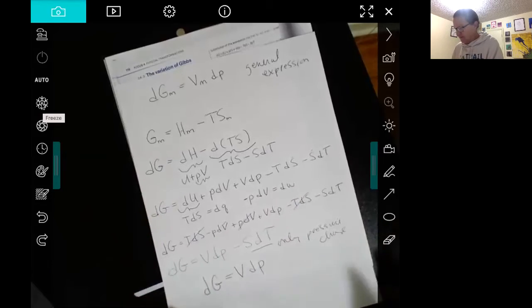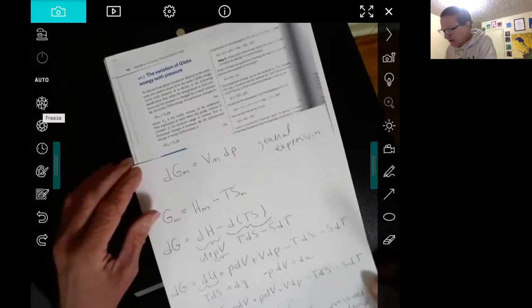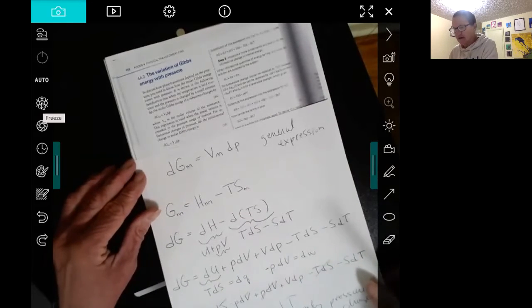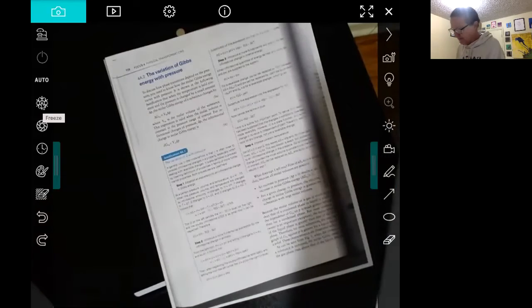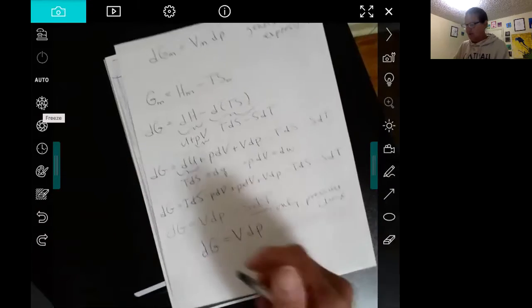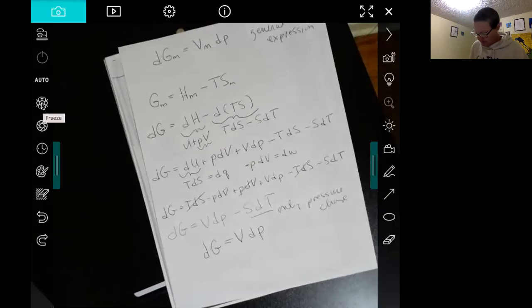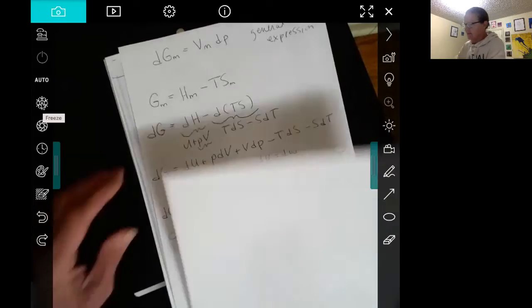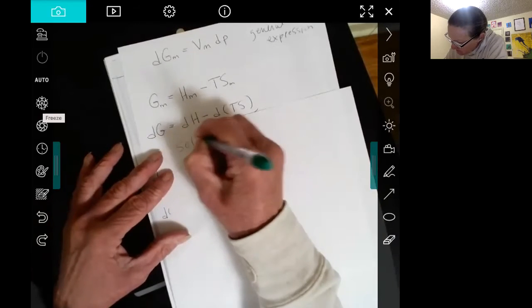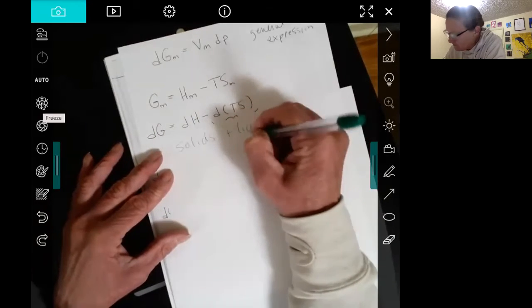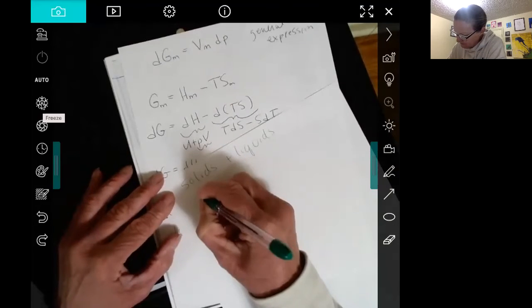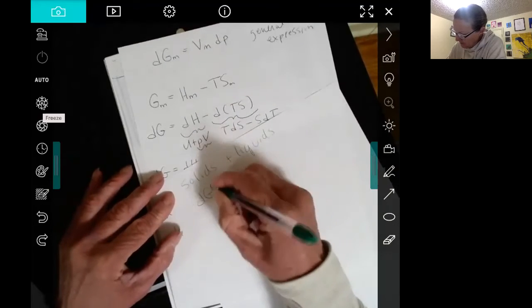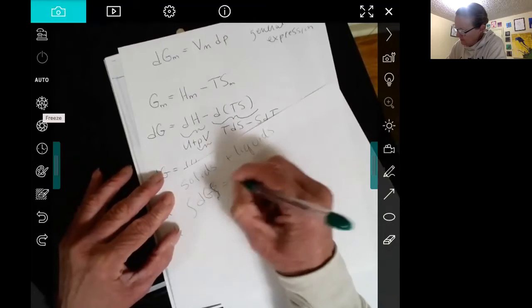And so if you look at that, that's the equation we started with. The general form, where it's still an infinitesimal change, you can then derive an expression for a change in Gibbs free energy for solids and liquids, and then also for gases. So if we have solids and liquids, integrate on this side.